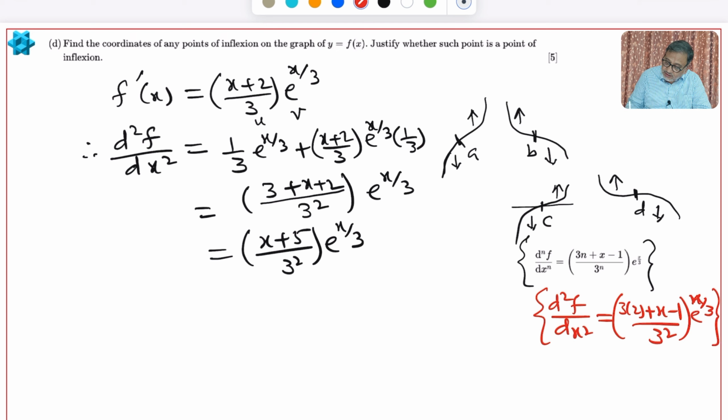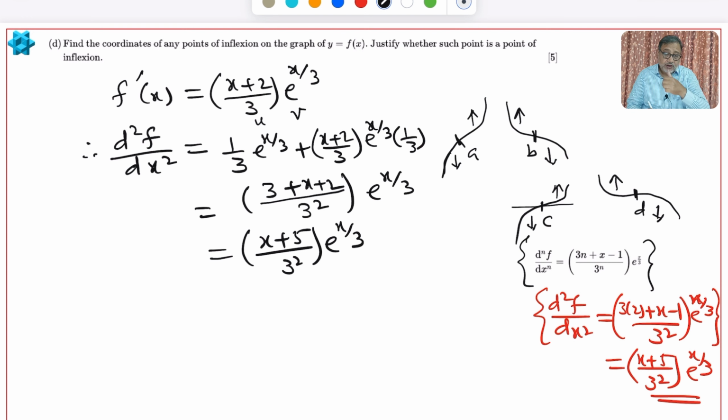You can see it is actually the same answer: 6 minus 1 is 5, so (x plus 5) by 3 square e raised to x by 3. Either method you can use to get the second derivative.